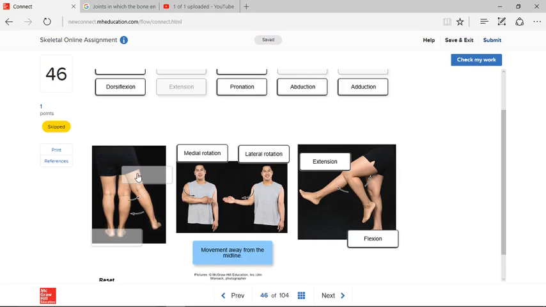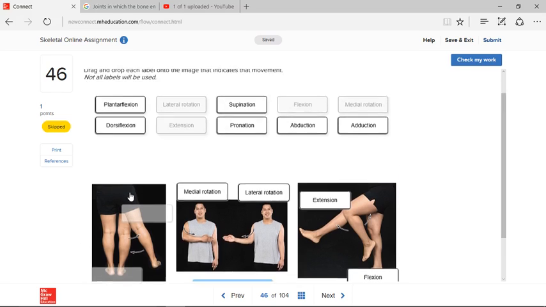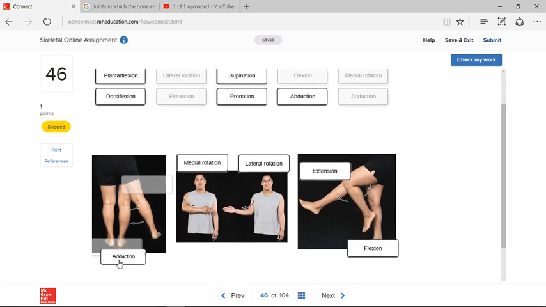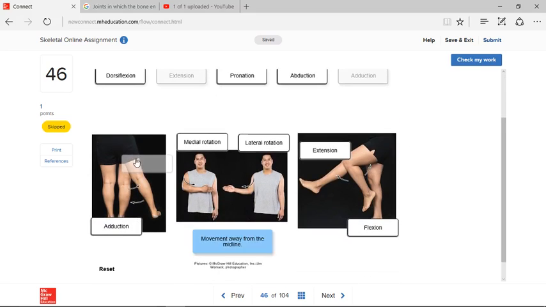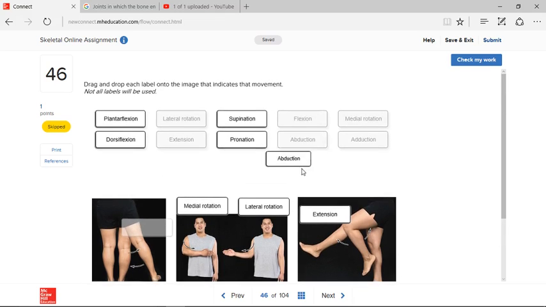Right here, adduction, I believe, is the one coming this way. There it is. And then we got that abduction. No, it's not your abs. It's abduction. It's like you're almost being abducted. Your body parts are getting away from your midline.